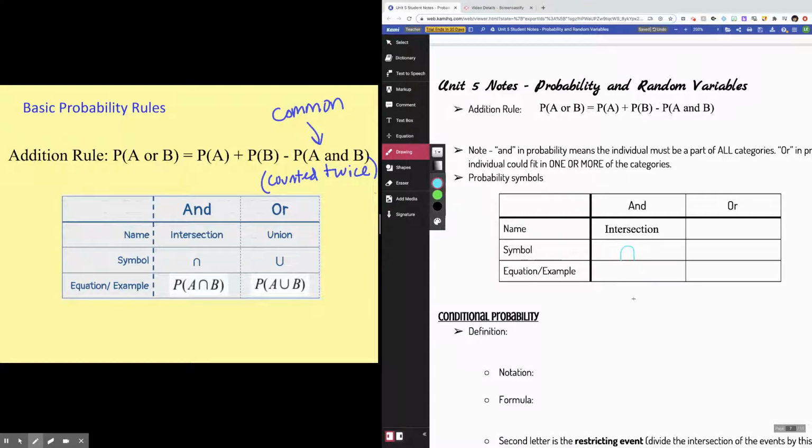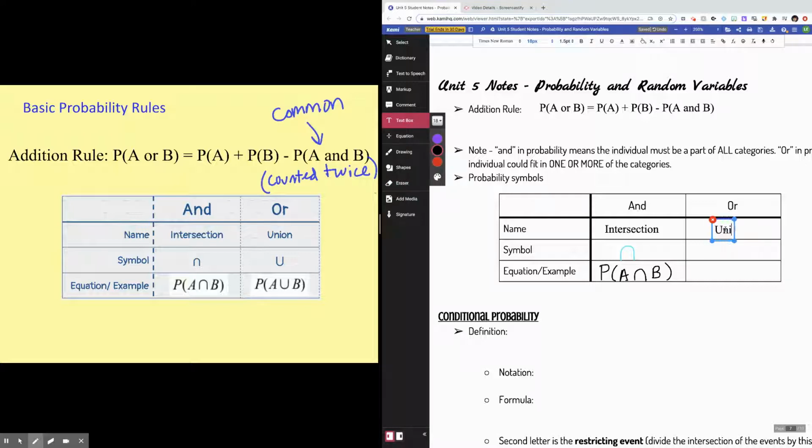So that's how I remember it. The way this is written in actual probability notation is probability of A and B. So rather than having to write the word and, you could just write this symbol. This symbol literally translates to the word and.